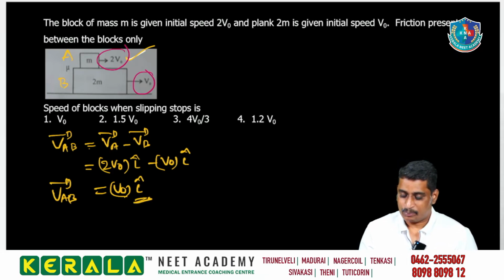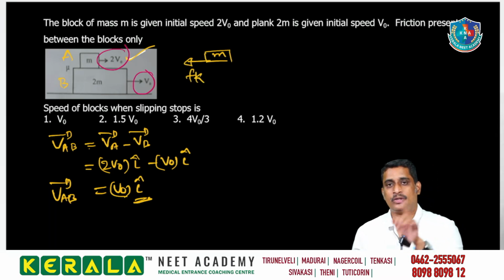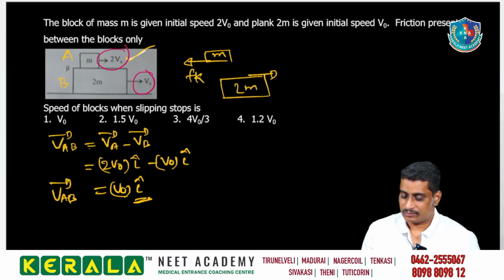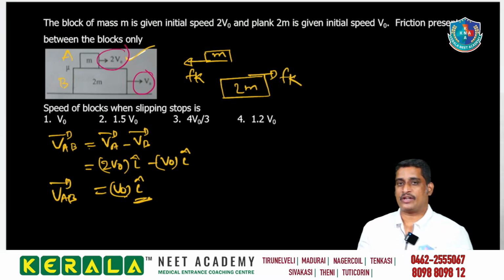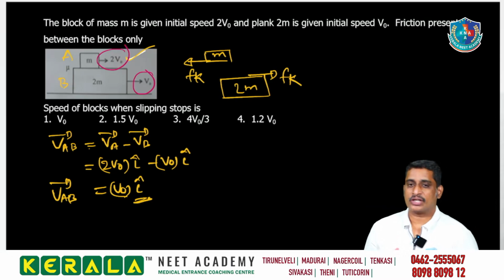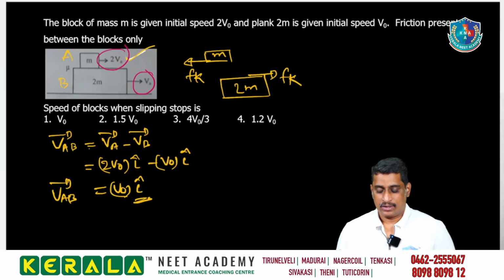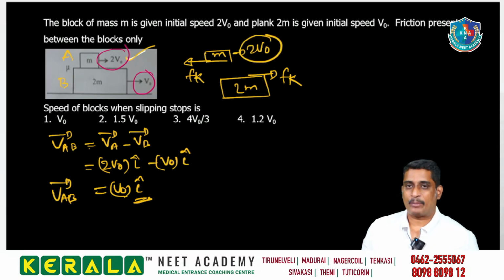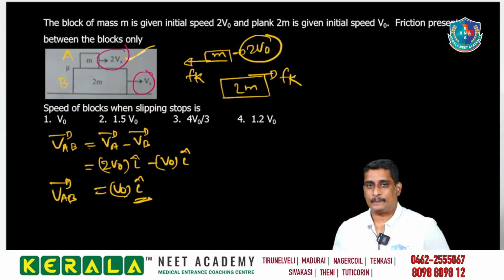Therefore, this upper block of mass m will experience kinetic friction along negative x-axis. Therefore, the lower block of mass 2m will experience kinetic friction Fk along positive x-axis. From the direction of these frictional forces, we can understand that the friction acting over the upper block will reduce the velocity of the upper block from the 2v0 value.